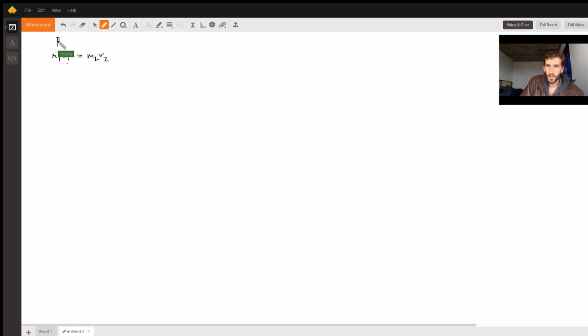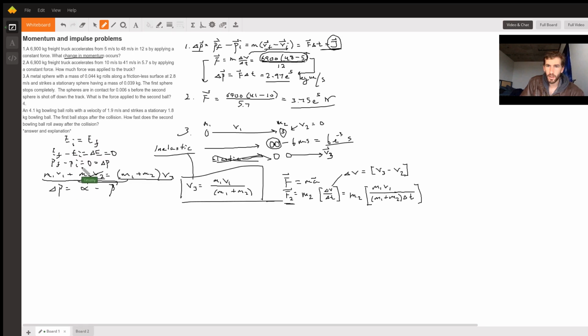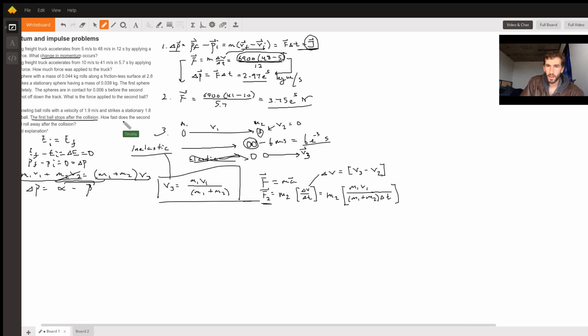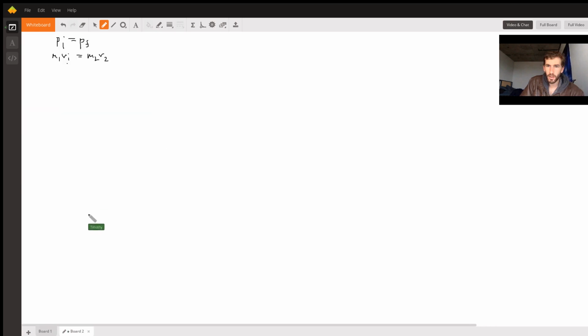So P initial is going to be P final because the first ball is, from what the problem sounds like, it's the first ball stops after collision, so it's going straight to rest. So this would be known as an elastic collision. This is perfectly elastic, and perfectly elastic is awesome because, again, delta P equals 0.